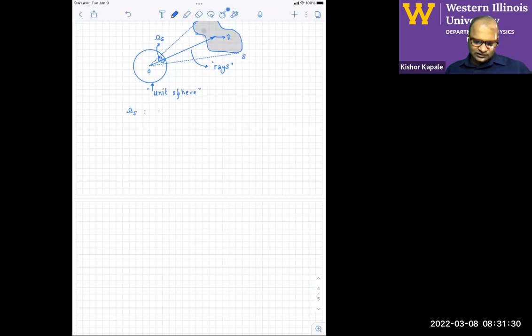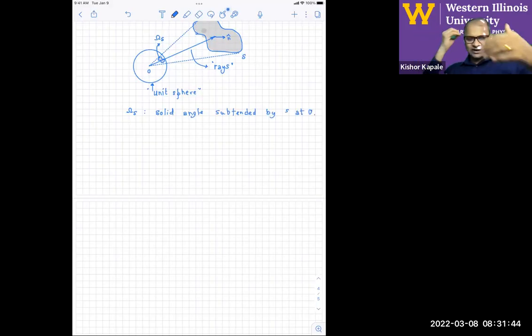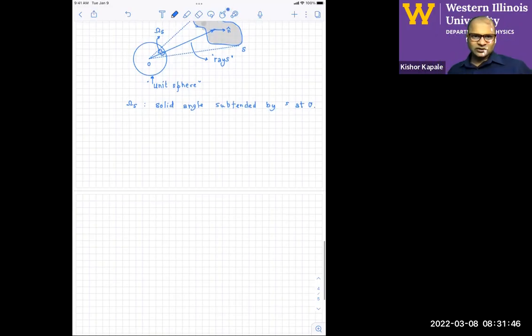So omega s is the solid angle subtended by S at O. So you need the area, some area that's given to you, and the origin. The origin is also important here. Let's see. And how do we define that?